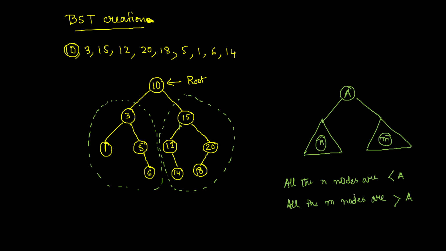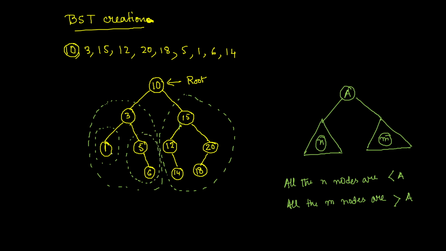So this is true not only with respect to the root. If you consider 3 as the root, this part is the left subtree of this particular node 3, considering this as a root, and this is the right subtree considering this 3 as a root.